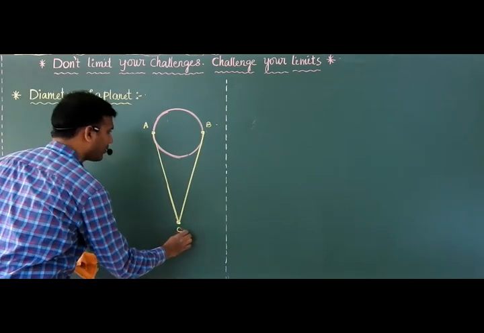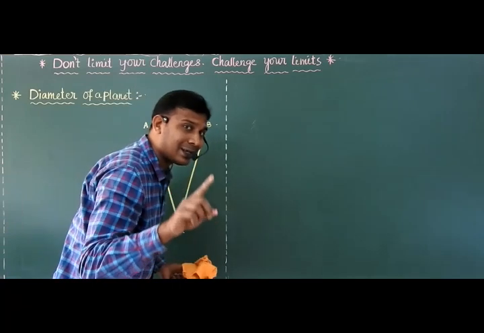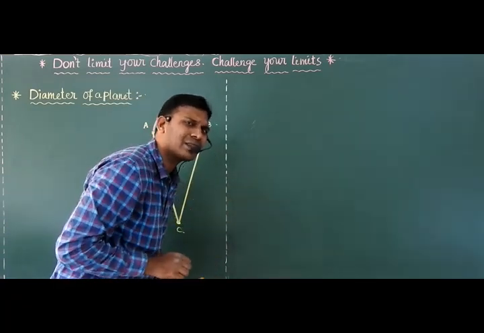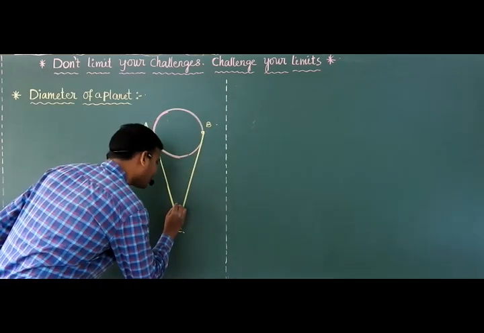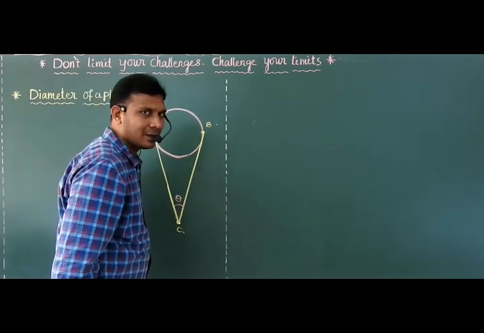Clear? Right. You know very well, the angle between the two directions in which we are observing the two diametrical points is known as the parallax angle.